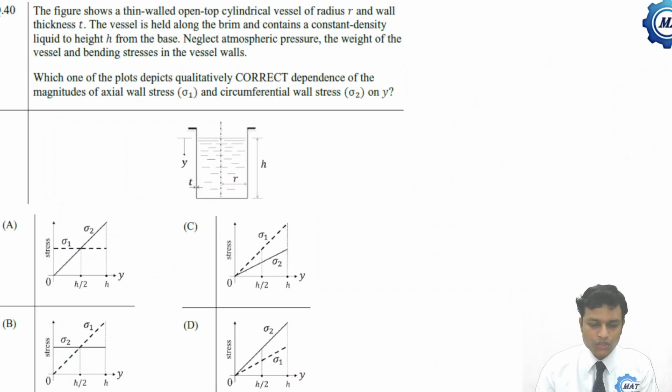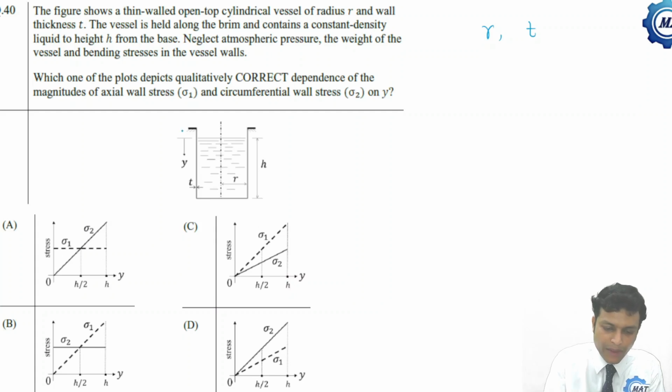The figure shows a thin-walled open-top cylindrical vessel, radius r and wall thickness t. So radius is r, thickness is t. The vessel is held along the brim, this is the brim, and contains a constant density liquid to height h. This is the height h.